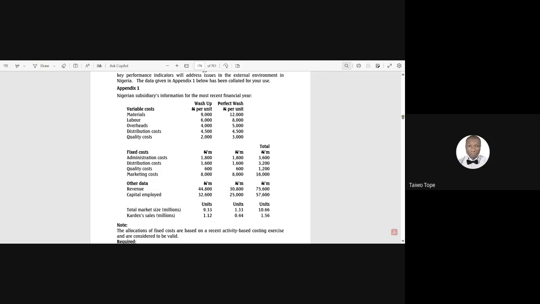Then for perfect wash, you're going to have 1,320 plus 600, which is 1,920. You can see now. How many marks? 20 marks.